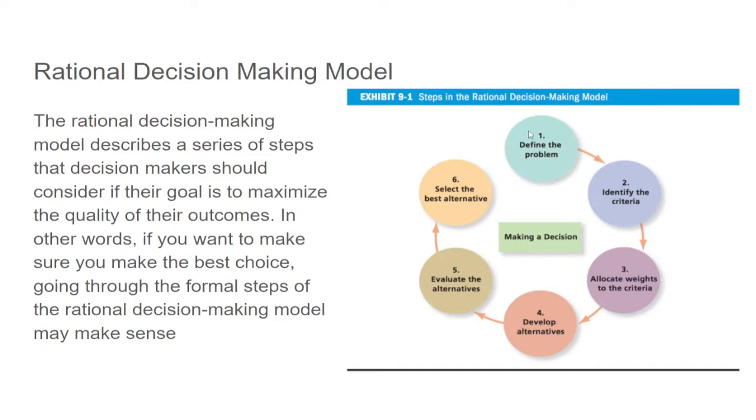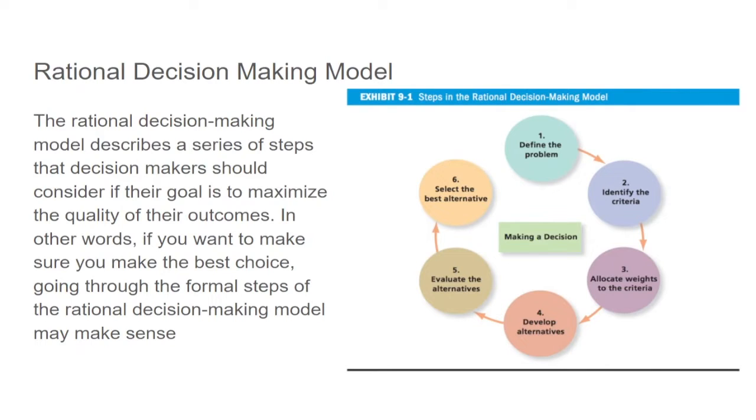What is the gap between where you are and where you want to be? That's the problem. Then you say, okay, well, what is the criteria that you're going to use to assess potential solutions? Is it the right color? Is it the right size? Is it readily available? Can I get it in time? These are criteria that you would use, for example.